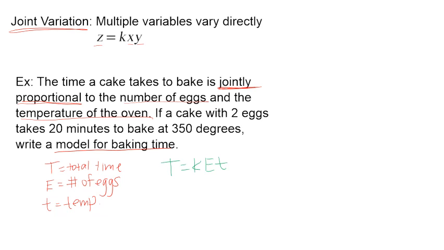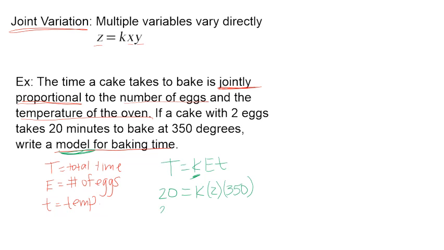So now our goal is to figure out what k is so that we can write this model for baking time. So the total time would be 20 minutes is equal to k times E, that's the number of eggs, so that's 2, times t, which would be 350, because that's the temperature.